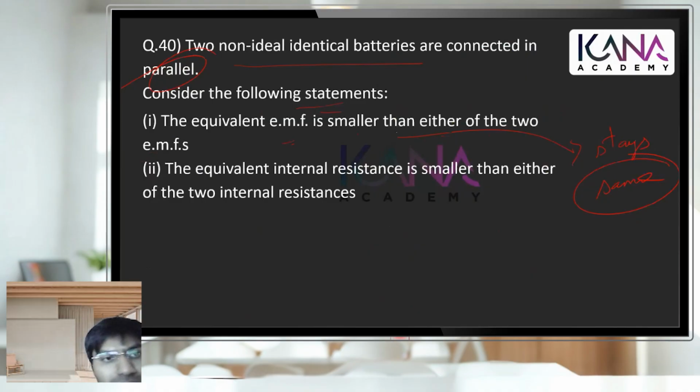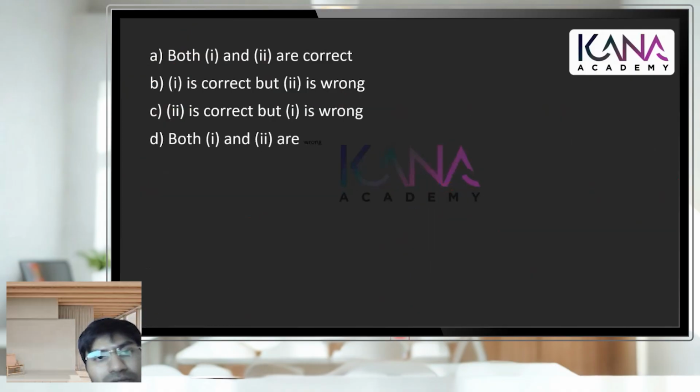It's not smaller, so this statement is false. Statement 2: the equivalent internal resistance is smaller than either of the two internal resistances. Yes, the equivalent internal resistance becomes R by 2, because the two are connected in parallel. So this statement is right. So the answer is option C: 2 is correct, but 1 is wrong.